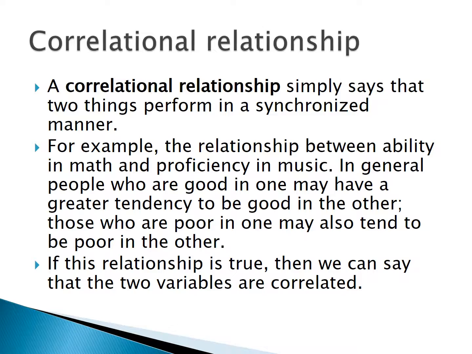Not every case, but in general a lot more people are good at maths and good at music, or weak at maths and weak at music. So there is a correlational relationship between maths and music. As this is true, we can say that the two variables are correlated. They perform in a synchronized manner.